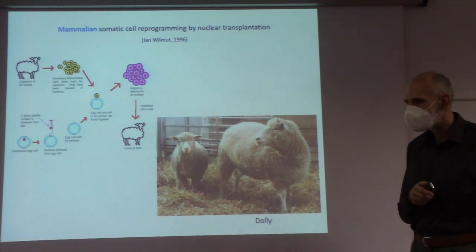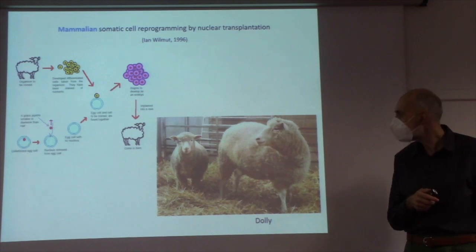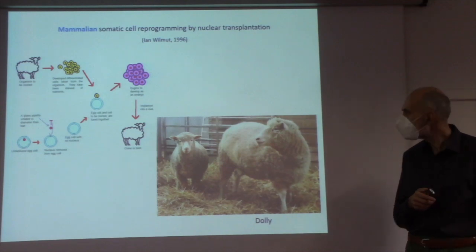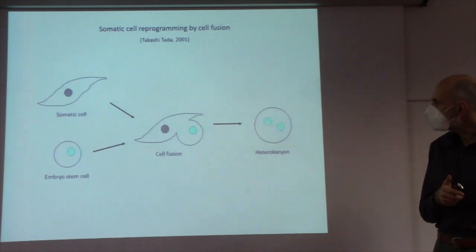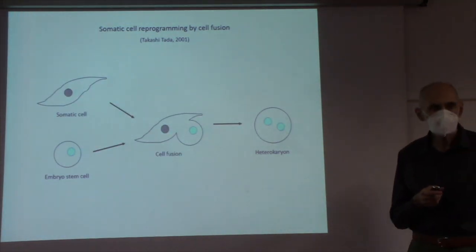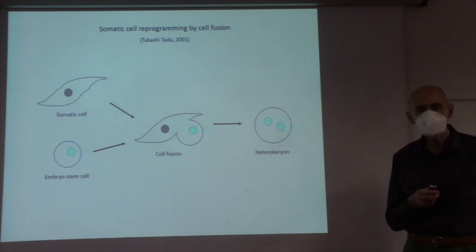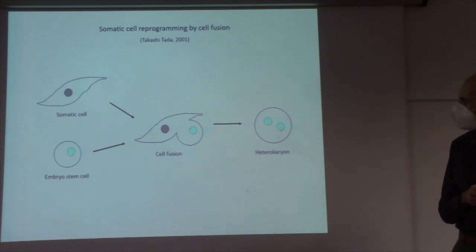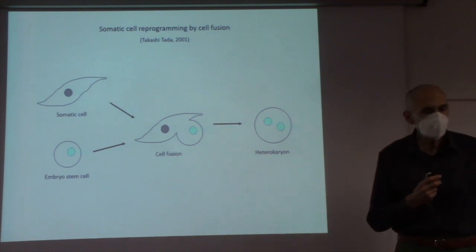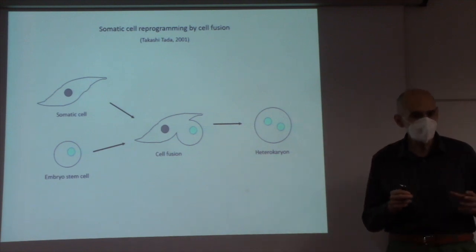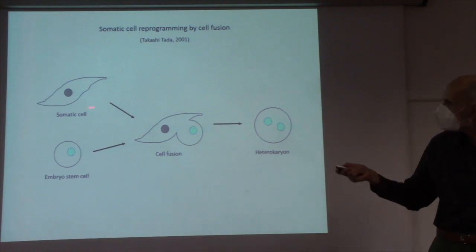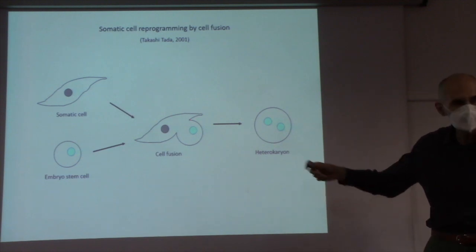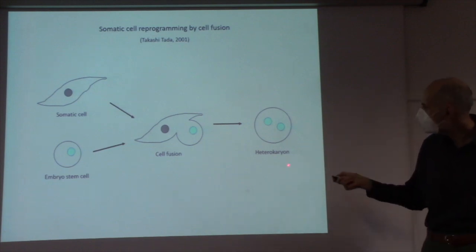Another piece of background information that was critical for Yamanaka's thinking was the ability to, again, convert somatic cells into embryo-like ones by an entirely different means, which was cell fusion. Cell fusion was a very important technique back in the 70s and 80s of the last century. How does it work? In the presence of specific substances, either chemical or viral, cells that come in contact with one another fuse their membranes, much like this, and become a single cell called a heterokaryon.